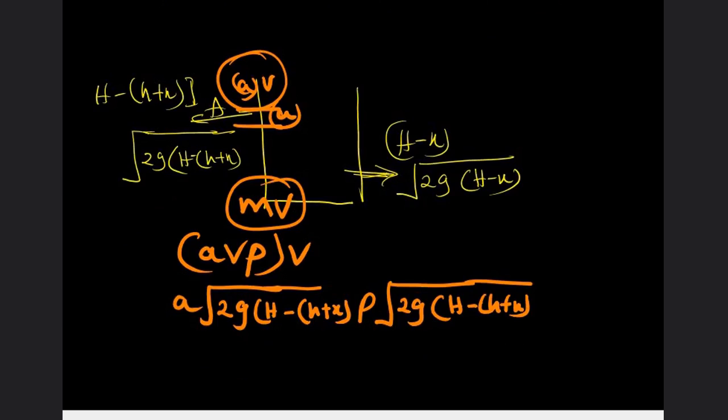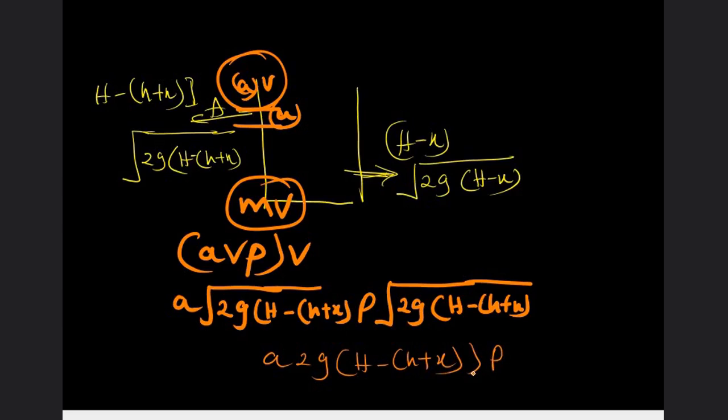We can easily simplify it like this. The root value will be removed, so A into 2g (H minus (h plus x)) into rho.